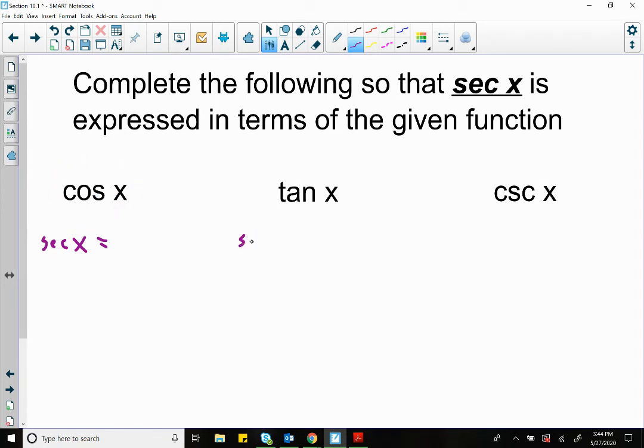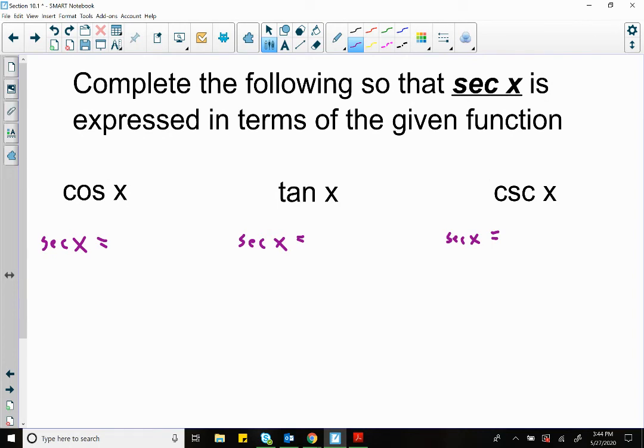What does secant x equal in terms of nothing but tangents? And what does secant x equal in terms of nothing but cosecants? So this final answer for secant x here has to have nothing but the trig function cosine. This answer has to be nothing but tangents. And this right here has to be nothing but cosecants.